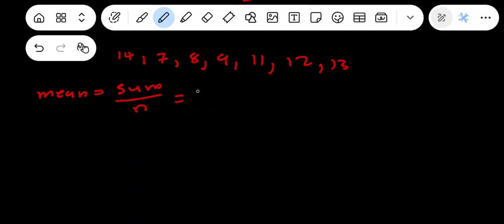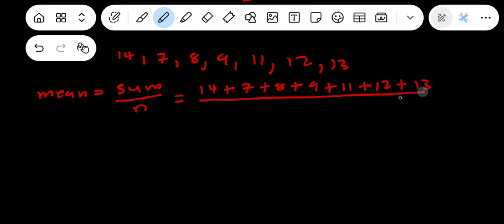We add all of these numbers: 14 plus 7 plus 8 plus 9 plus 11 plus 12 plus 13. We divide by the number of terms. We have 1, 2, 3, 4, 5, 6, 7.